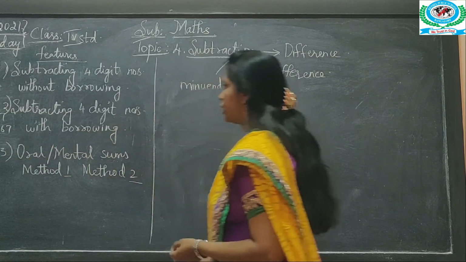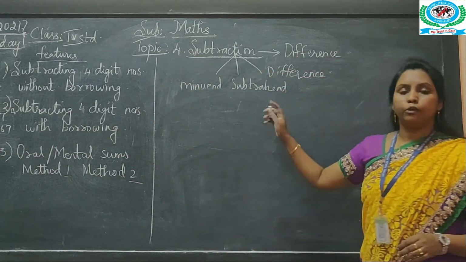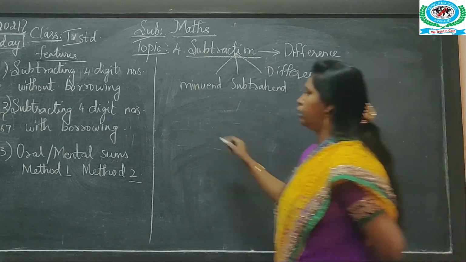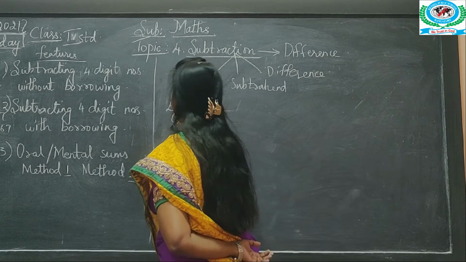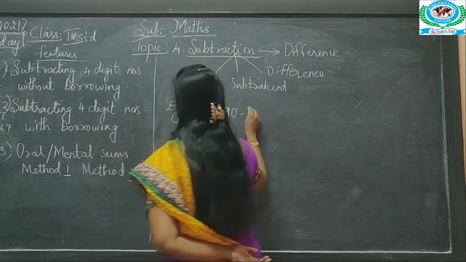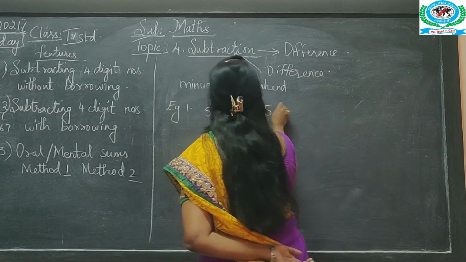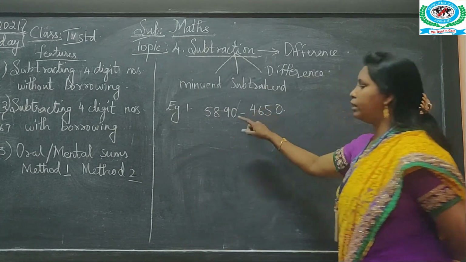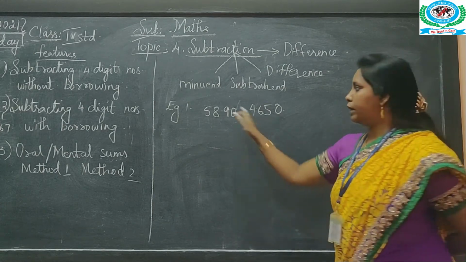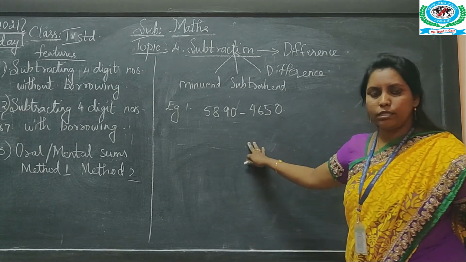So coming to the first unit, that is subtracting 4-digit numbers without borrowing. For example, if I give you a number like minus, so these two are 4-digit numbers now. Okay. So first step, what we are going to do, we cannot subtract like this directly, is it now?